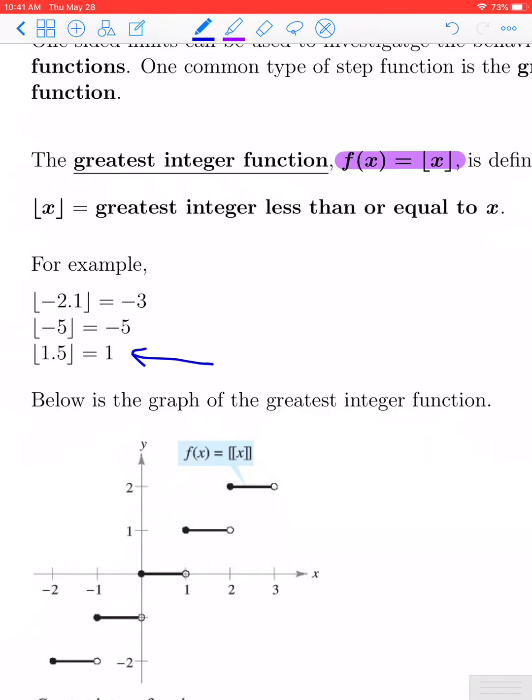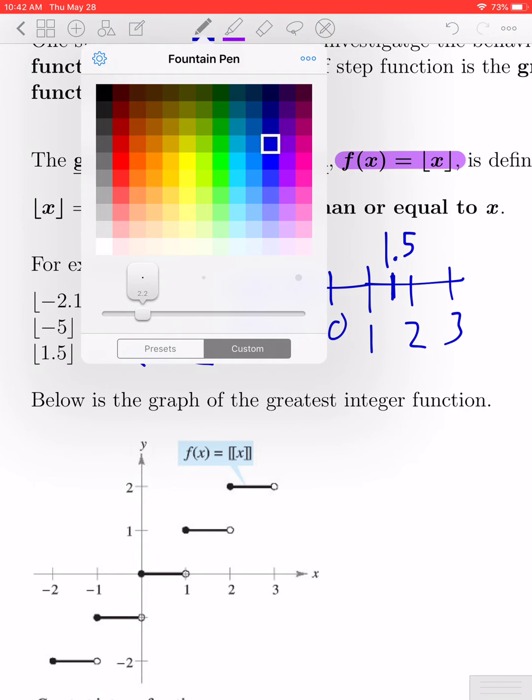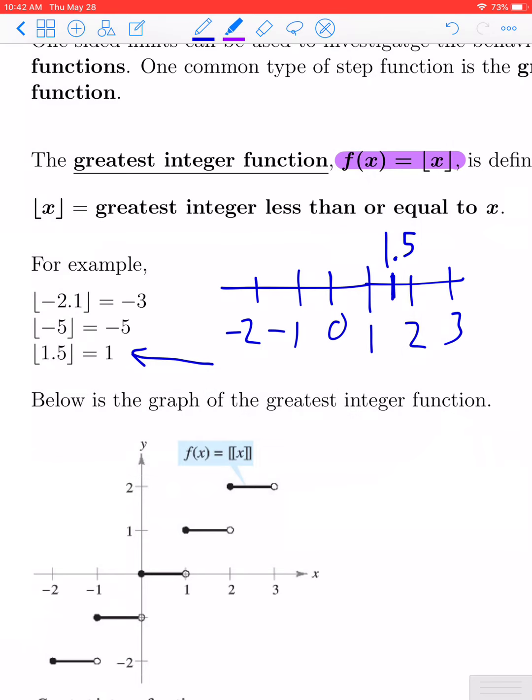For example, if we want to practice computation on this, if I think of the number line, so here's 1, 2, 3, 0, -1, -2, etc. The number 1.5 would be right here. If we look at the integers that are less than 1.5, there's infinitely many: 1, 0, -1, -2, etc. All of those are less than 1.5.